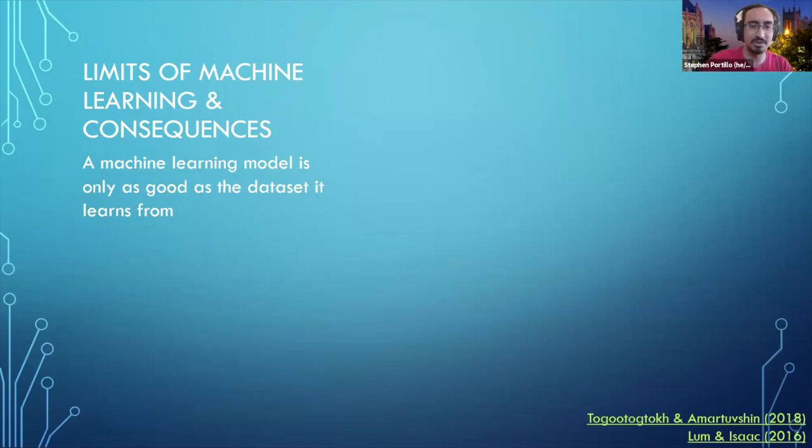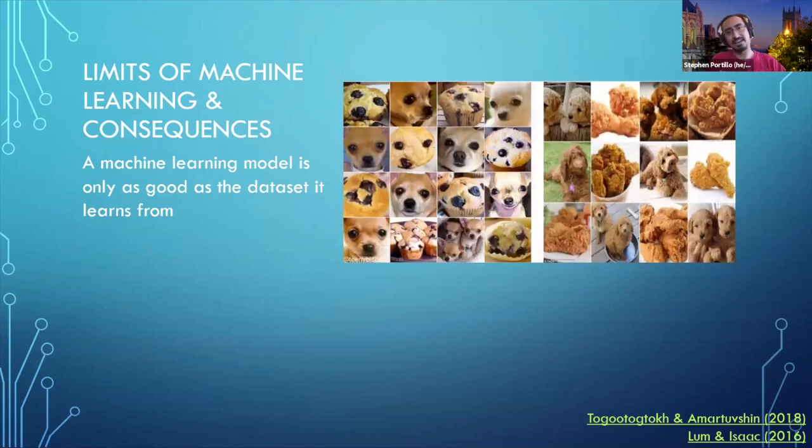One amusing example: here are some examples of a model that's been trained to identify different breeds of dogs. But this model confuses Chihuahuas and blueberry muffins, and Labradoodles and fried chicken. You can see why it does this.